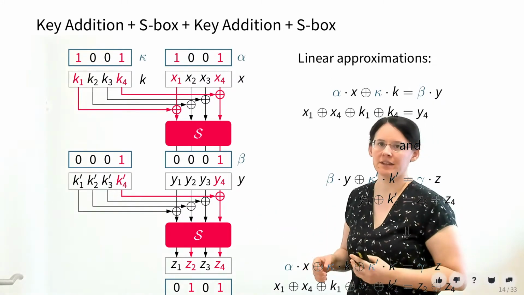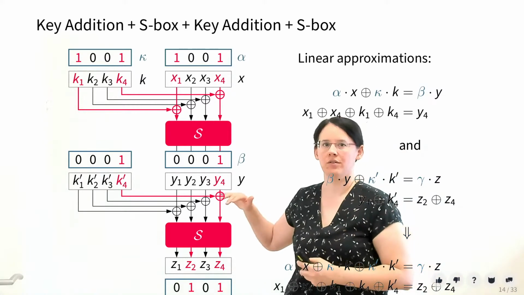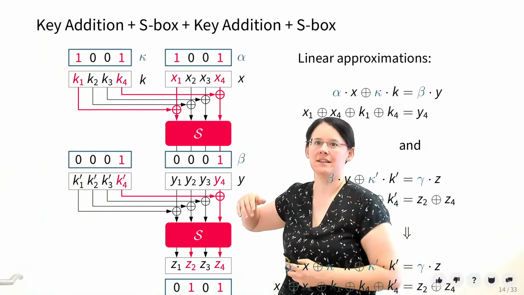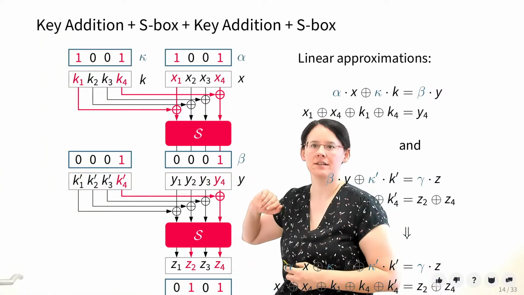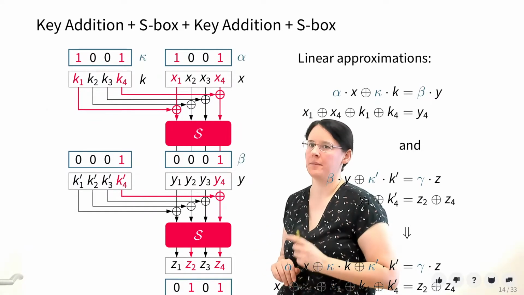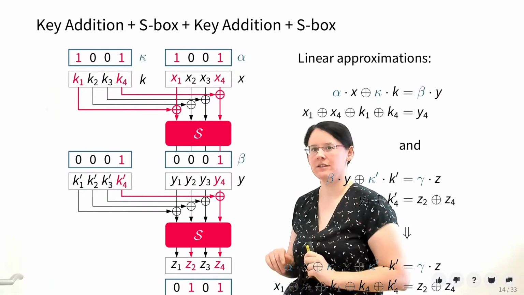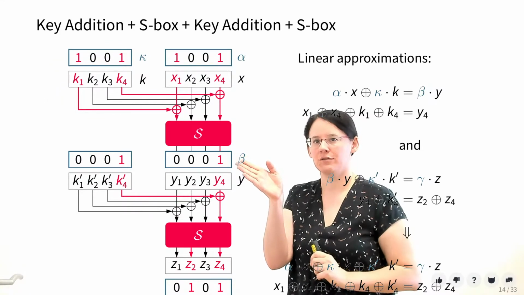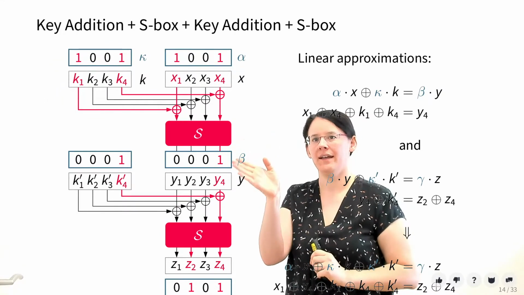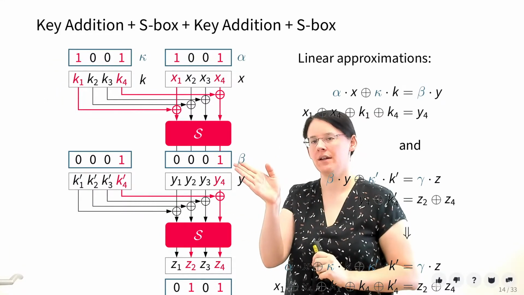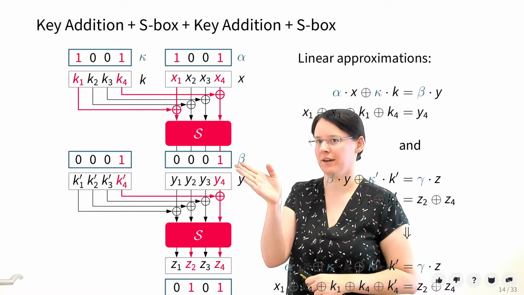And this is the reason now why we can write it as conveniently as this, so we can assign an intermediate mask to each intermediate variable, because we need to have the same mask for the output of one round and the input to the next round. Otherwise, they won't cancel out if I XOR them.